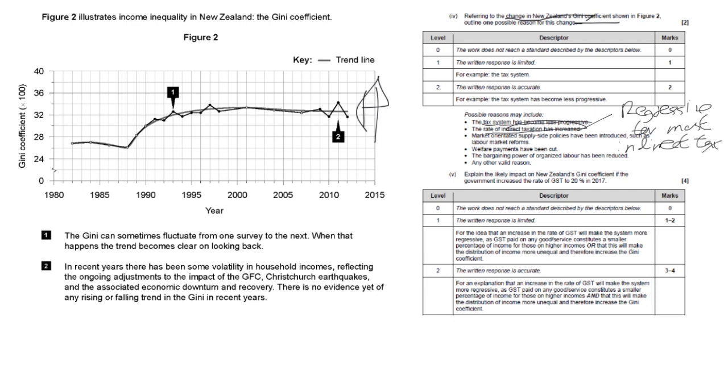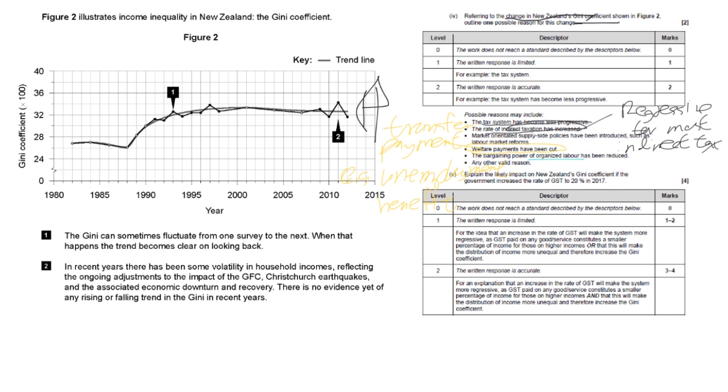There are other things that you can talk about. For example, some welfare payments have been cut, like transfer payments. That means, for example, the unemployment benefit. When these are cut, of course the income distribution will become more uneven. One point worth mentioning is the bargaining power of the organized labor.